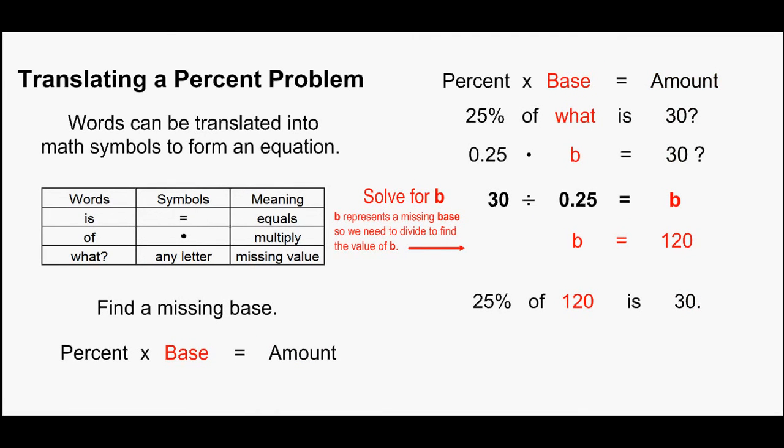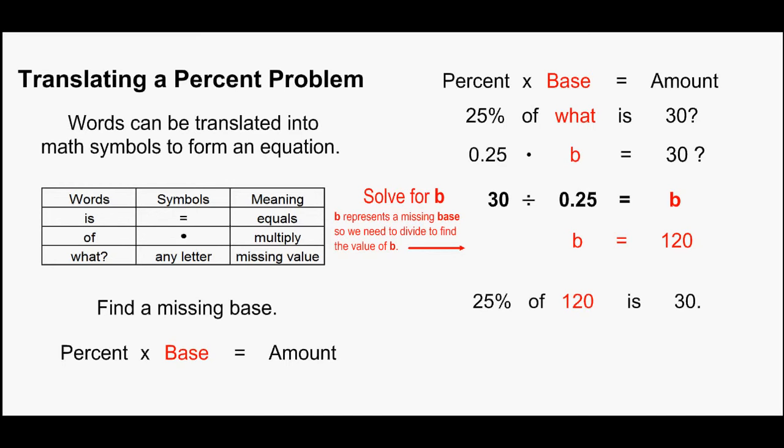Let's solve a percent problem using direct translation. Here I have 25% of what is 30. Translate 25% into 25 hundredths. Of is multiply. What is the variable B?